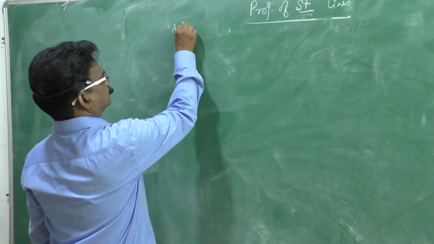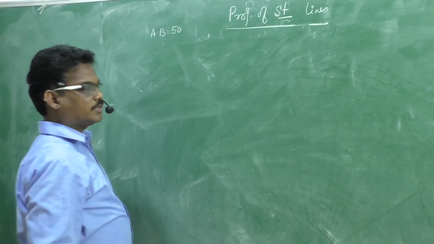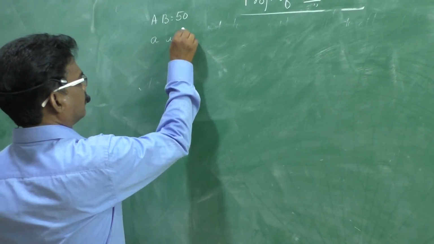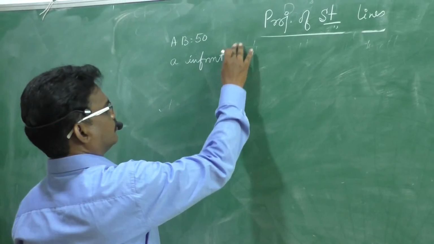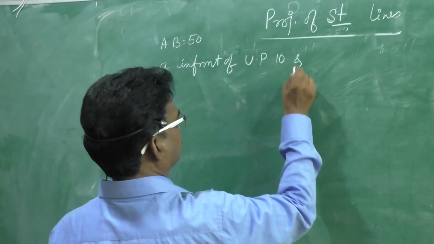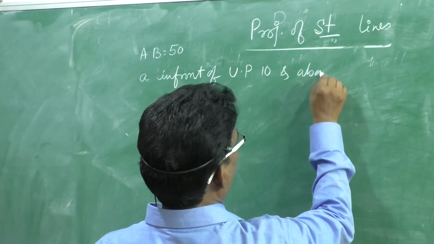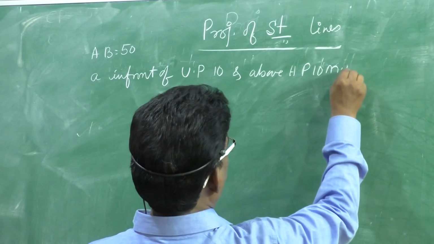Right. What is given in the problem? AB line length is equal to 50 mm and the lower end A is 10 mm in front of VP and 10 mm above HP. Right.